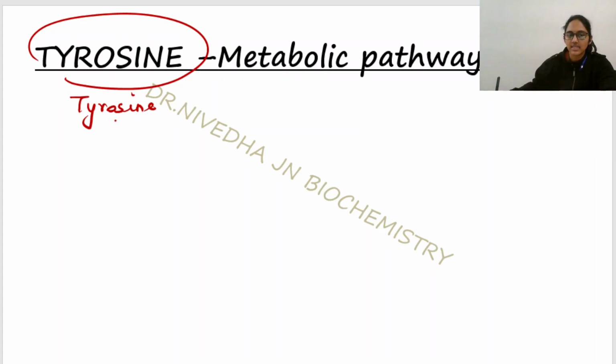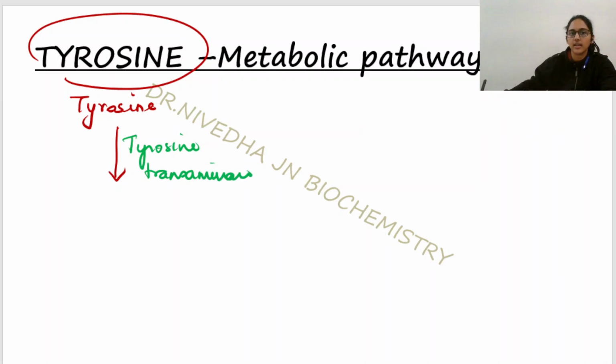Now this tyrosine is going to get transaminated with the help of the enzyme tyrosine transaminase. Understood? So what do you need in a transamination reaction? When an amino acid is present, you remove the amino group of the amino acid and give it to a keto acid. So alpha ketoglutarate is what you add.